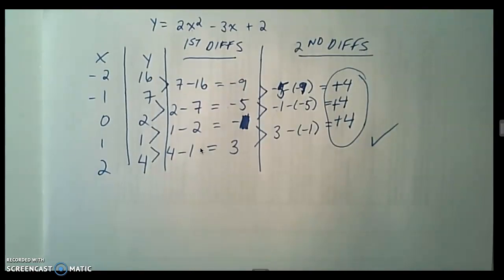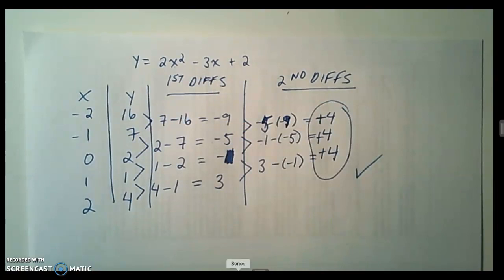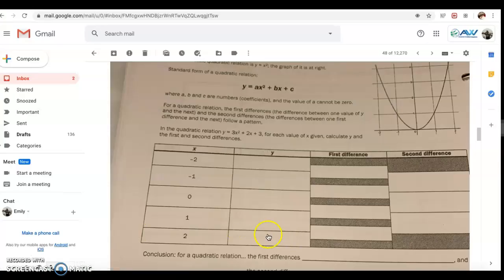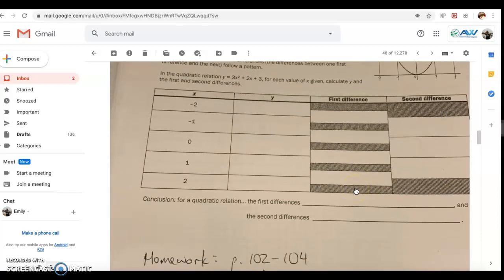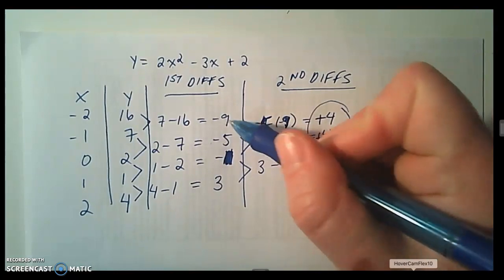Okay, so once again, the equation I used here is a little bit different than the one you were assigned on your page. So you will have different numbers than I did when you fill in your y values, your first and second differences, but you will see the same sort of patterns where the second differences will end up all being the same number. The other thing you might notice is that there's a pattern here.